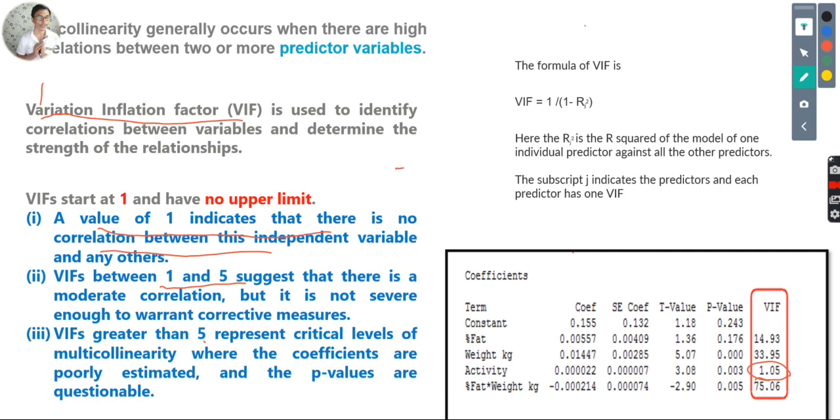So we need to be very careful while doing regression, so that we do not take variables which are strongly correlated with each other, right? A mild correlation we may accept, because as you can see here, it is 1 to 5. Moderate correlation is acceptable, right?